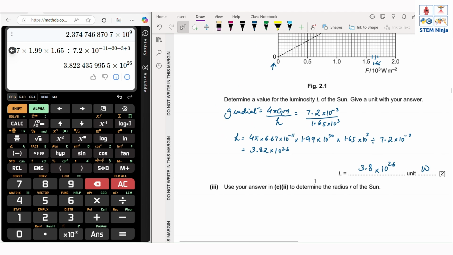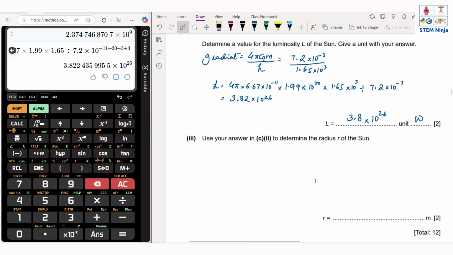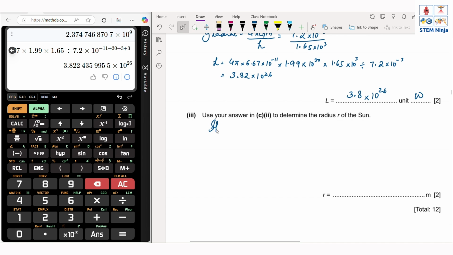Use your answer in C to determine the radius R of the sun. Over here, we will use the Stefan-Boltzmann law. So L is equal to 4 pi sigma R squared T raised to power 4. That's what we need over here. We need the radius, so R squared is L divided by 4 pi sigma, where sigma is the Stefan-Boltzmann constant, T raised to power 4.